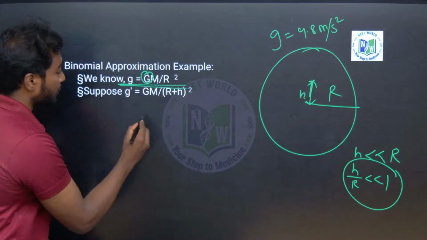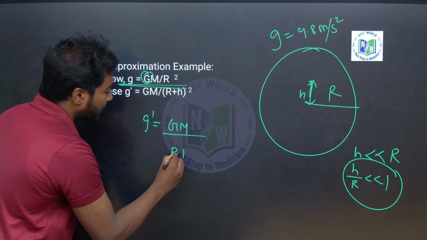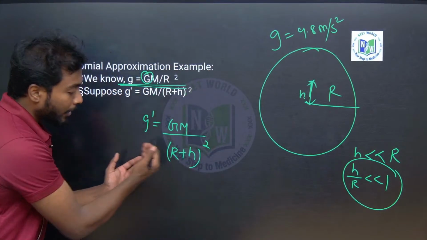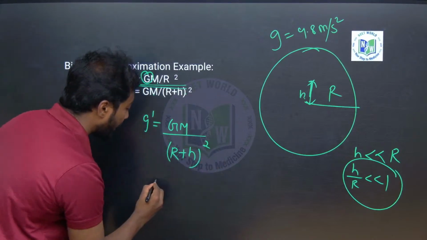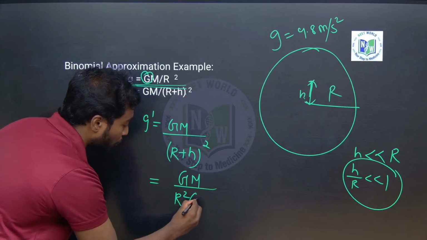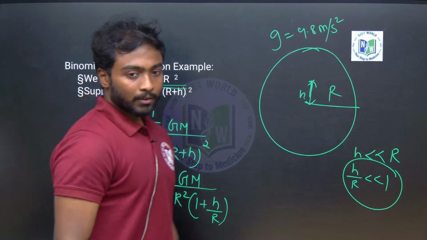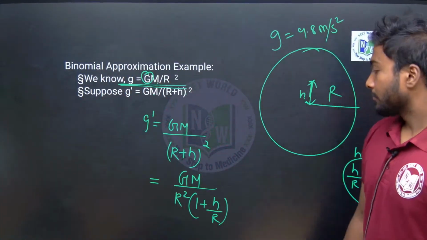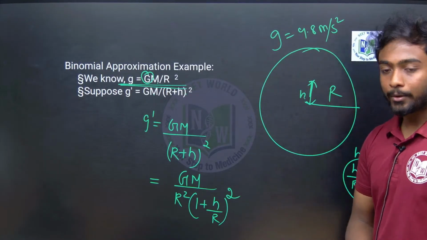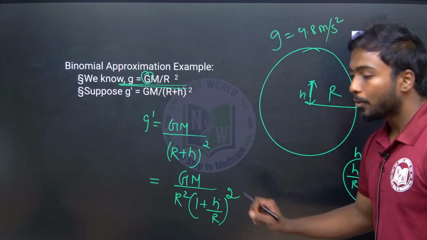Now go to the equation. g dash is equal to GM by (R plus h) the whole square. Take R square outside. Can I write like this? GM by R square into (1 plus h by R) the whole square. If I take R square commonly outside, I can write (1 plus h by R) the whole square.